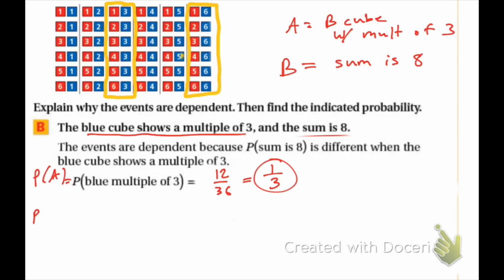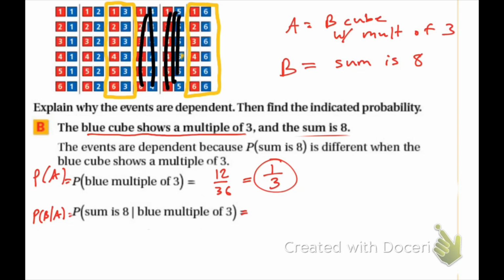Now let's look at our conditional events. Event B, given that A occurs. To do this, basically what we've done is gotten rid of these. I'm going to ignore these now, just delete those.